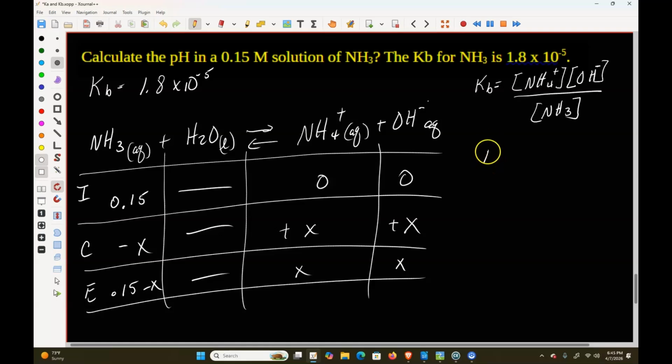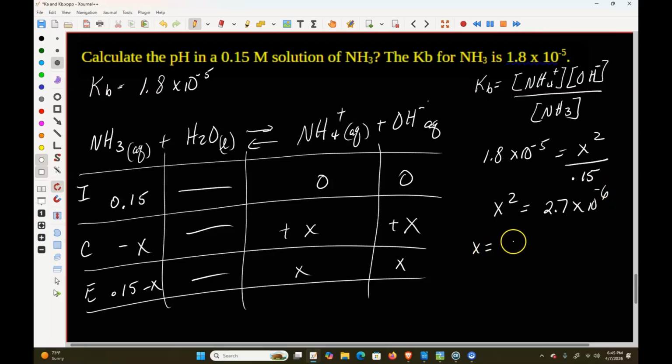So I'm going to have 1.8 times 10 to negative 5 equals x squared over 0.15. X squared is going to equal 2.7 times 10 to the negative 6. And x is going to equal 0.00164. That's going to be molar hydroxide.